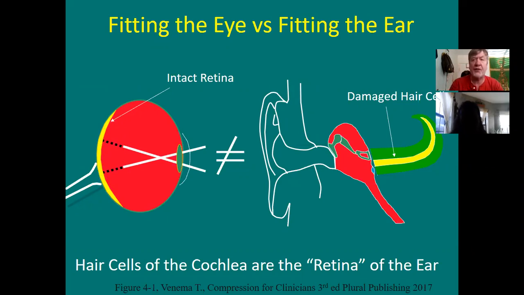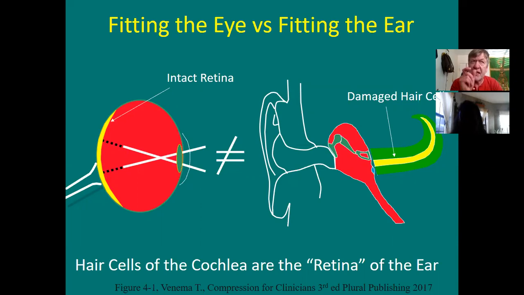So with vision loss, you go to the dollar store or the optometry shop, you get glasses and put them on. You refocus the light properly so it's getting to the back of the eyeball. And if that's done, God's in his heaven and all is well with the world.